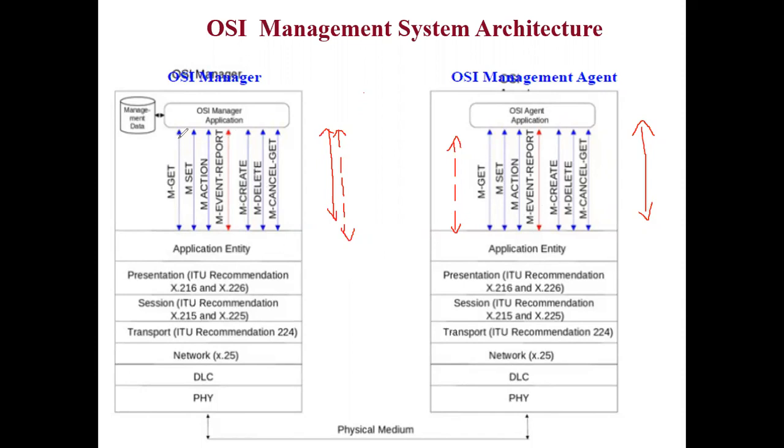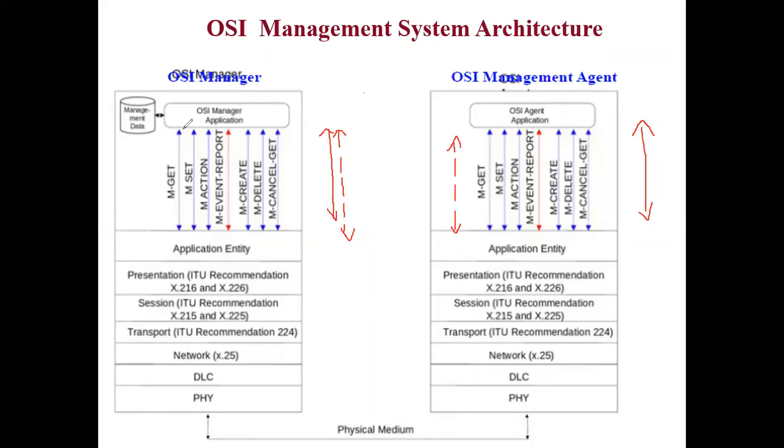Same way, when I send an mget, the arrow should have been unidirectional. But when the manager sends an mget to the agent, the agent has to give an acknowledgement, and that acknowledgement has to be received by the manager. So to receive that acknowledgement, we have this bidirectional symbol. Why am I highlighting this? In SNMP it is not like this.